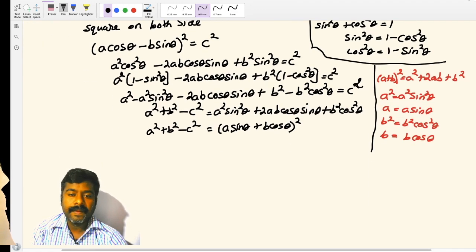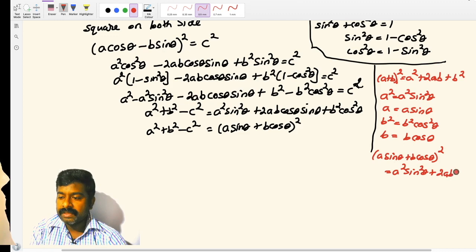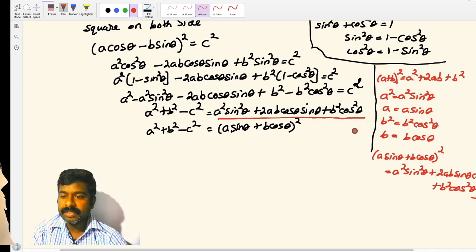So a sin theta plus b cos theta the whole square equals a square sin square theta plus 2ab sin theta cos theta plus b square cos square theta. This is nothing but a sin theta plus b cos theta the whole square.